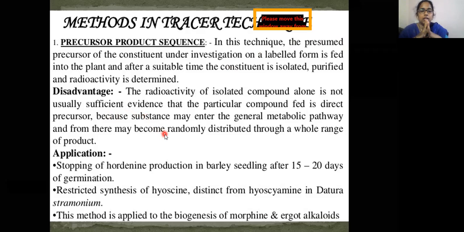So here we are inserting the radio labeled compound into the plant. When you are introducing this radio labeled compound into the plant, there is no sufficient evidence that immediately after introducing it is going and involving in the reactions right away. It may be the direct precursor or it may not be the direct precursor, or else it may be distributed randomly in the whole product.